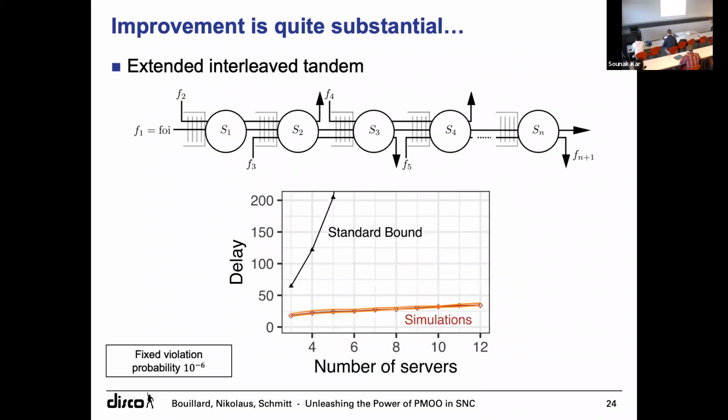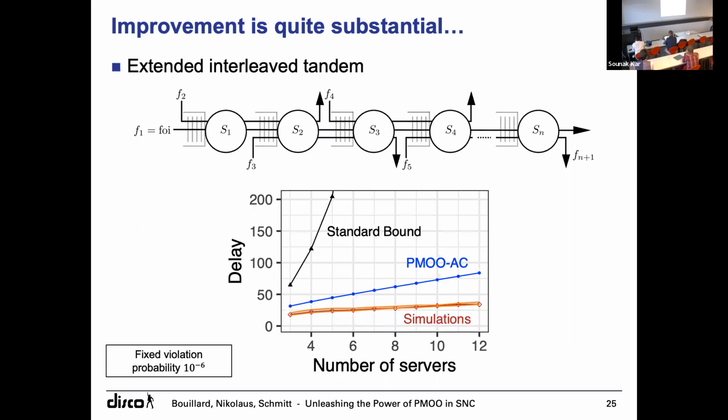In contrast to the previous one, we fix the delay violation probability to 10 to the -6 and see how this impacts the simulations and the bounds once we increase the number of servers. We see directly that the state of the art bound quickly degrades in comparison to simulations. But this is not the case for the PMO-AC. Not only are we way closer, we also stay close for much longer once we increase the number of servers.